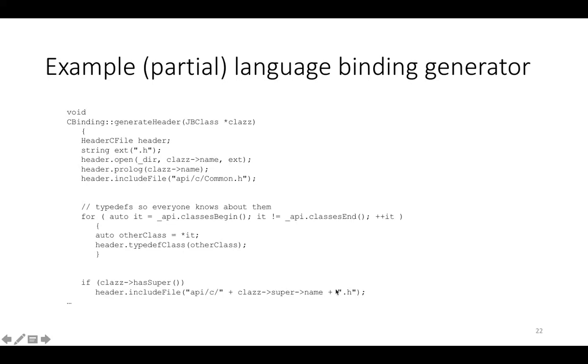This is a C binding, so it's a .h, etc. So the idea is to build up a set of services inside these binding files so that it's relatively easy to just spit stuff out into a header file, and for even the generated code to be fairly easy to read, but also fairly easy to walk over the JitBuilder API definitions and do whatever you need to do with them.